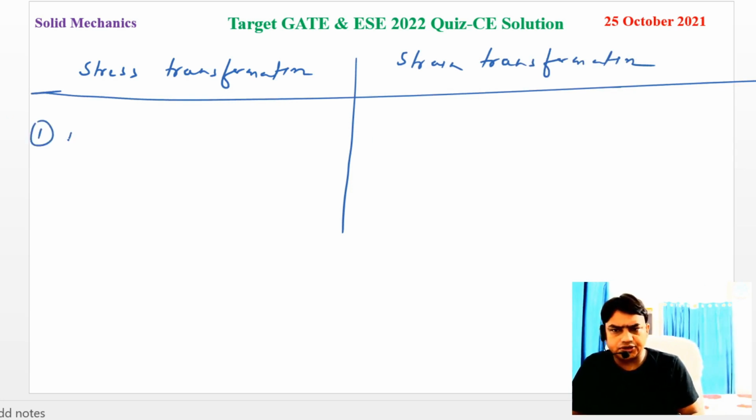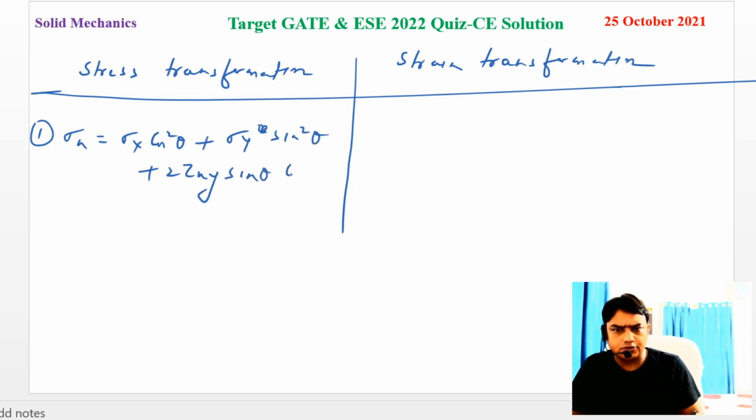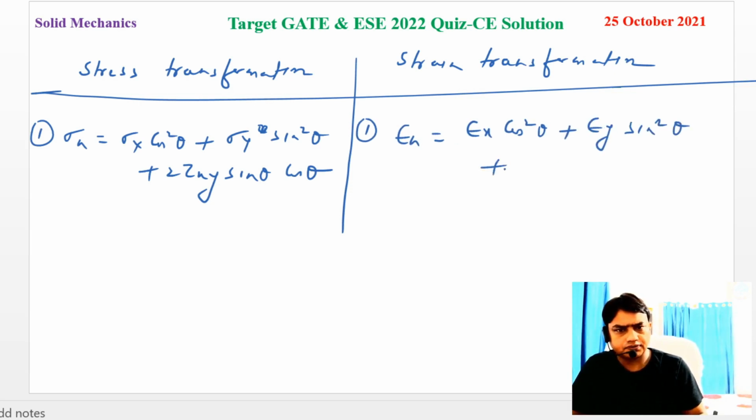Normal stress sigma n can be written as sigma x cos square theta plus sigma y sin square theta plus 2 tau xy sin theta cos theta. Similarly, normal strain can be written as epsilon x cos square theta plus epsilon y sin square theta plus phi xy sin theta cos theta.